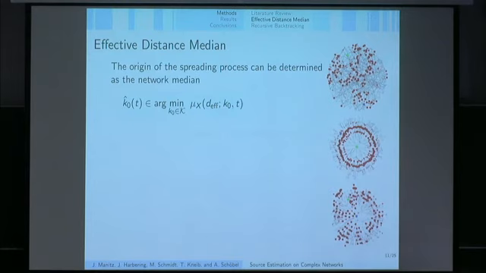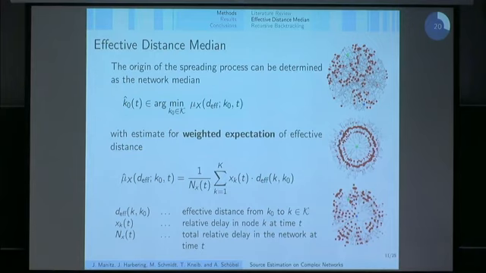So that's why we reduce that only to the expectation here. So we estimate the expectation by simply having a weighted sum of the distance from the source candidate k0 to all the other nodes in the network, weighted by the relative delay magnitude in those nodes.